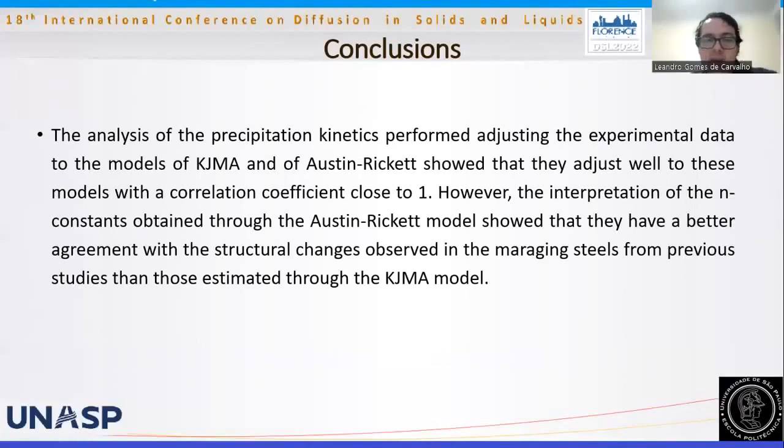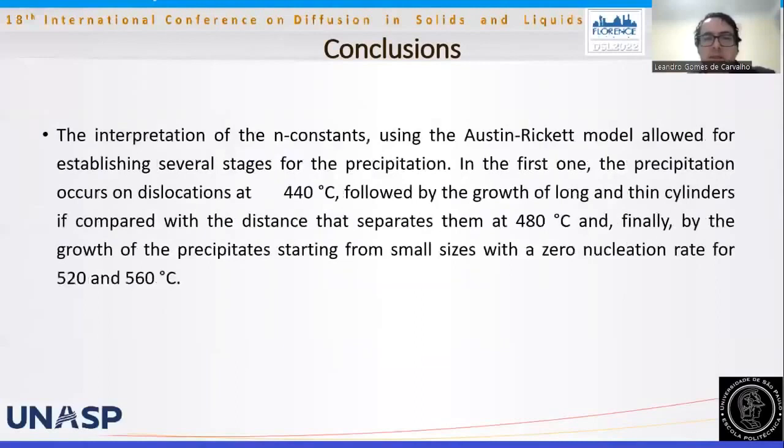However, the interpretation of n constants obtained through the Austin-Rickett model showed that they have a better agreement with structural changes observed in maraging steels from previous works than those estimated through the KJMA model. The interpretation of the n constant using the Austin-Rickett model allowed establishing several stages for the precipitation.